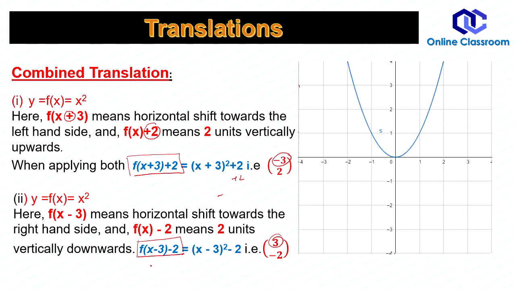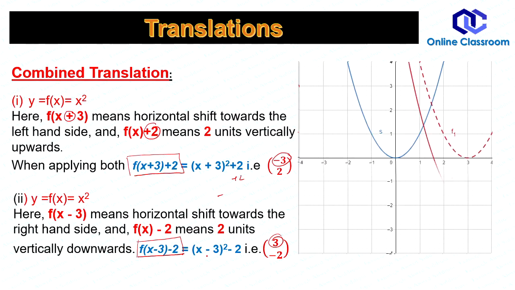So how to express that new function? If it is vector (3, minus 2), you write here x minus 3 and minus 2, replacing x by x minus 3, and you subtract 2 from the function, you get this and this step. These are the two steps. The final graph is this red one. This is about the concept of translation, vertical and horizontal both.